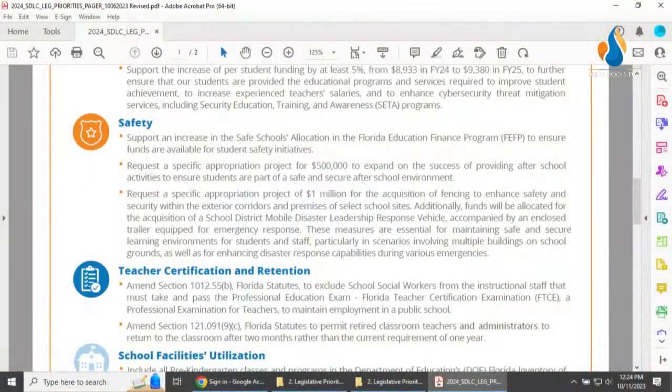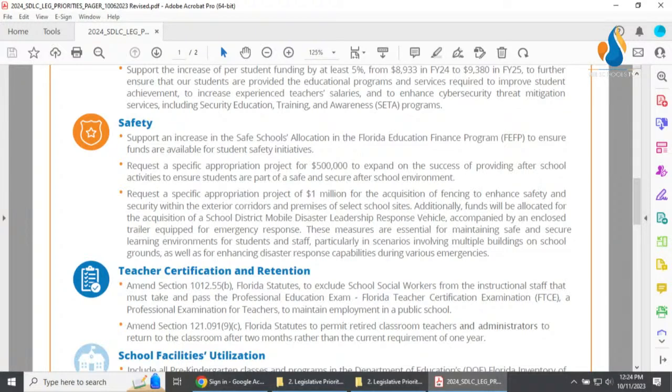All right, so in regards to safety, there is one. Actually, there are two appropriations in safety, but the first priority there is to support an increase in the Safe Schools allocation in the FEFP, and then after that we have two appropriations.